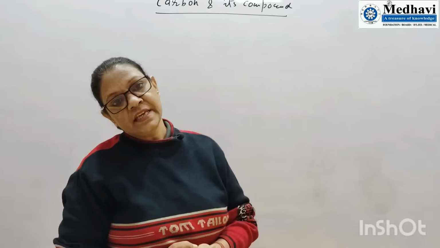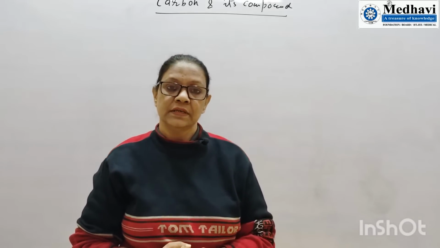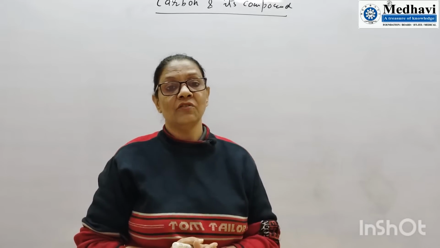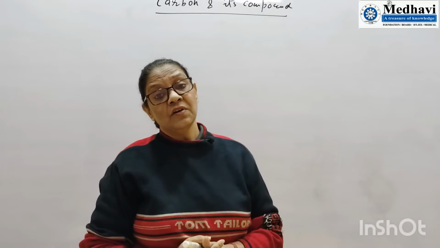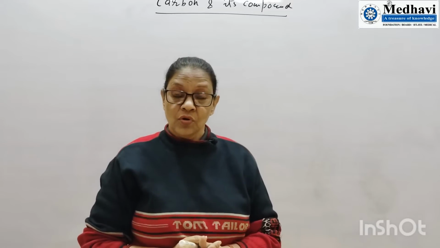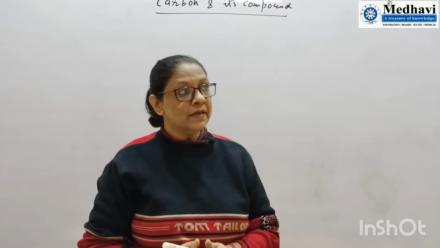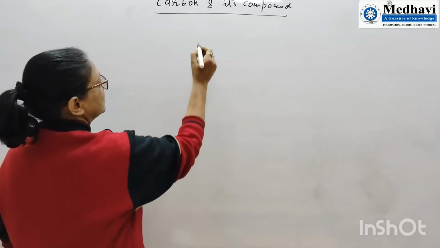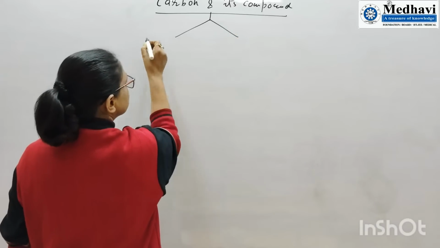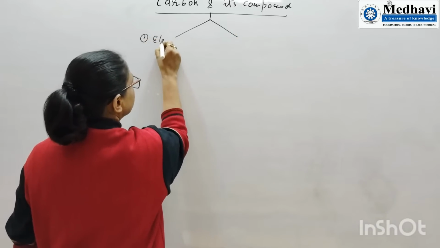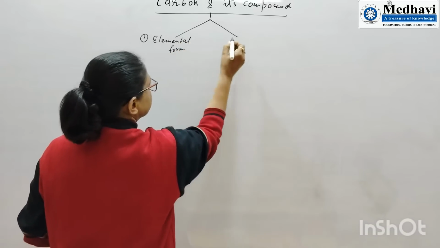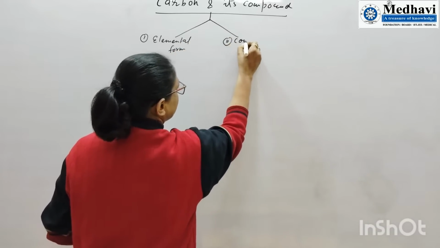Food, medicine, clothes, drugs, dyes, all are versatile examples of the versatile nature of carbon. So, carbon, here the first point that I want to highlight is that it is present in the elemental form, and second is it is present in the combined form.